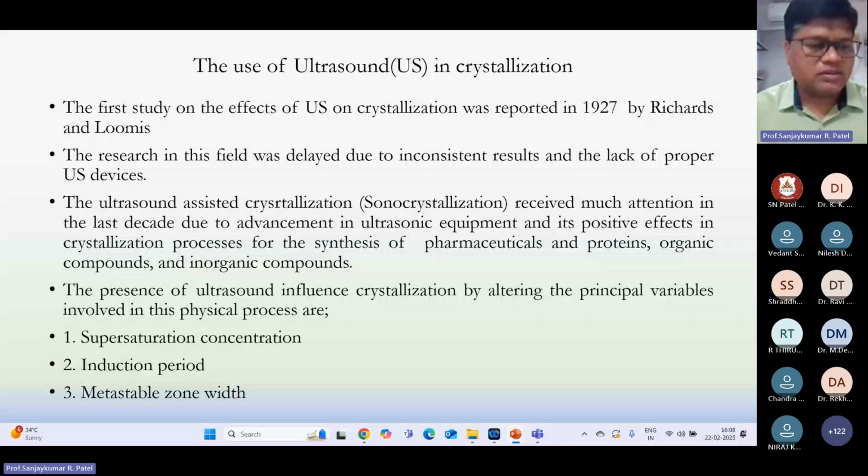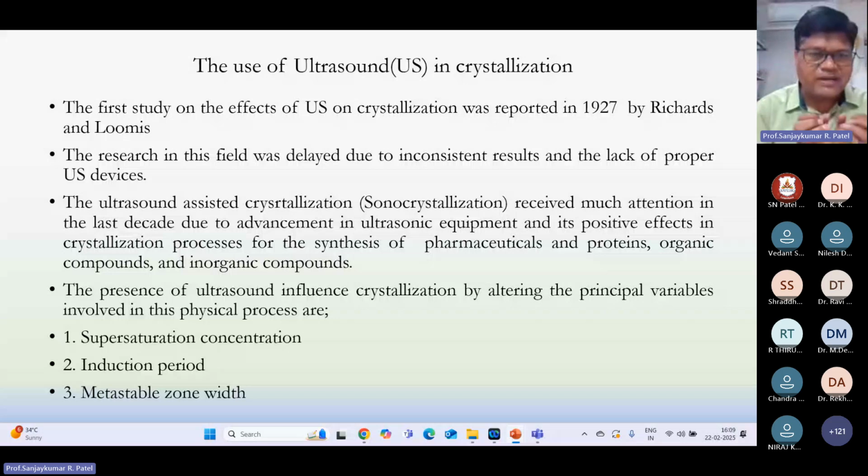Yes, sir. Okay, so I need to now discuss ultrasound, what exactly ultrasound is and how it is affecting the crystallization. Mostly I said already that if you couple ultrasound with the crystallization process, by tailoring or controlling the ultrasound energy, you have control on supersaturation concentration as well as induction time and also on the metastable zone width.